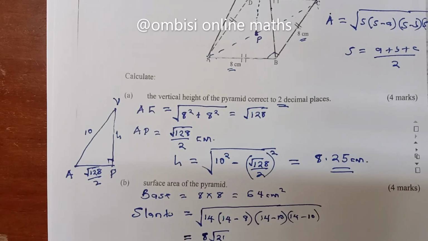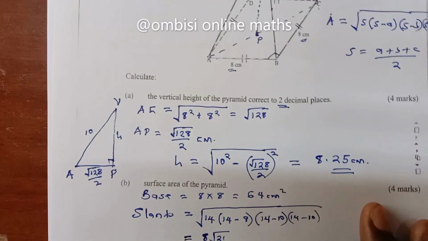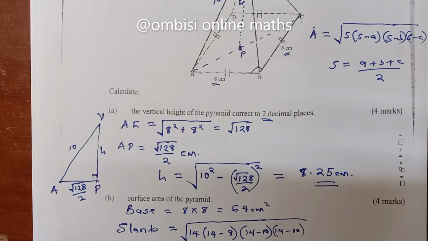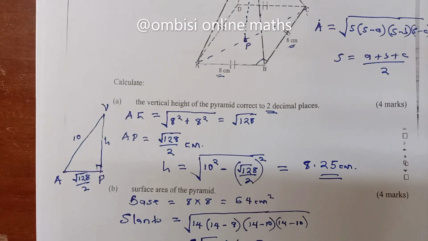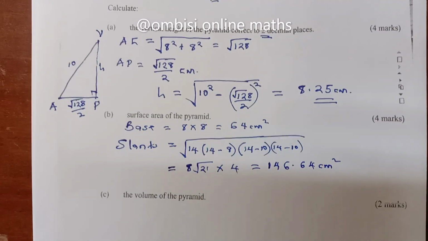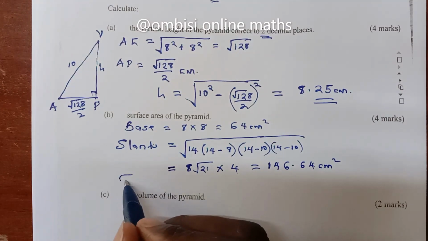Then, since there are 4 slant sides, you multiply it by 4. And what do we get? If we insert 8 root 21 directly into our calculator, then multiply it by 4, you are going to end up with 146.64 square centimeters.